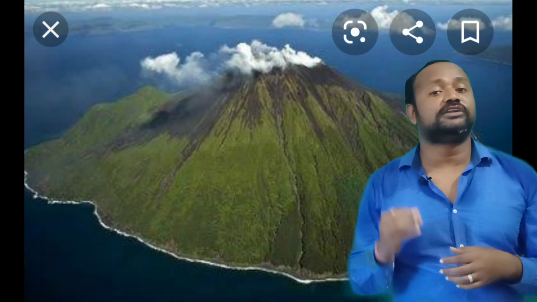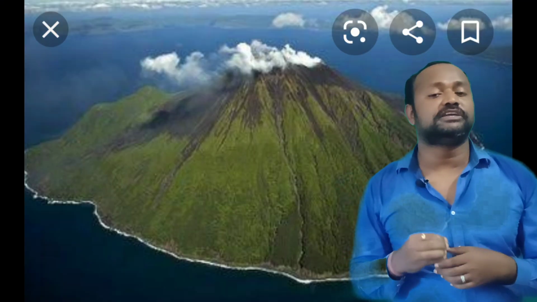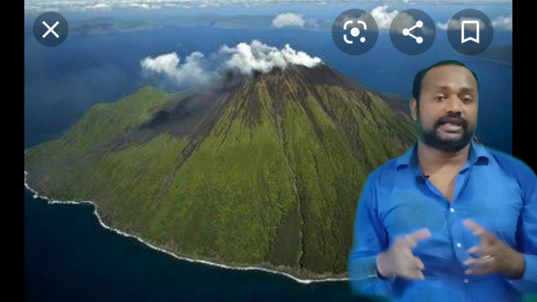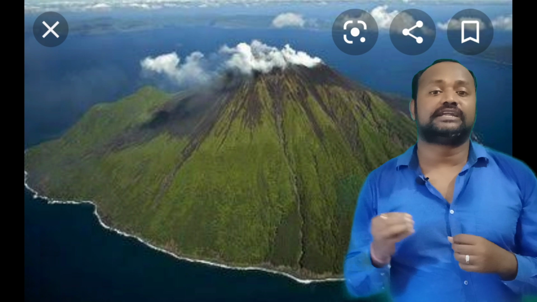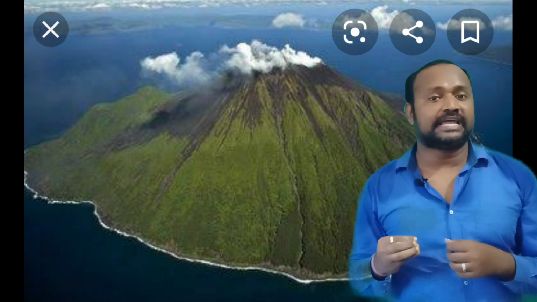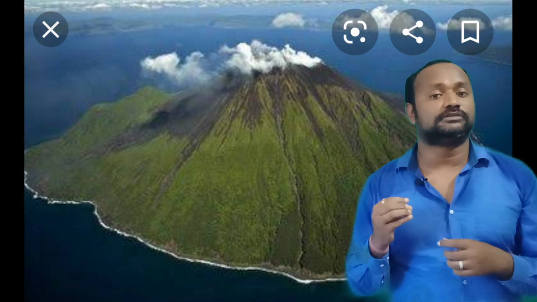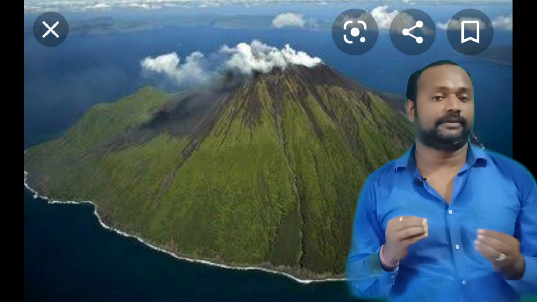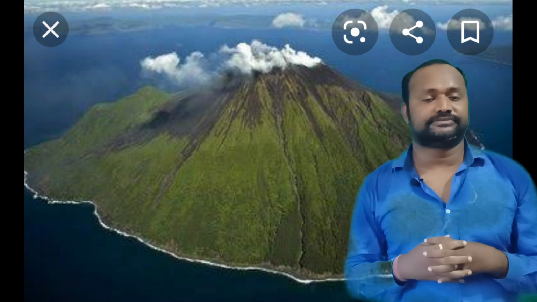India's only active volcano is found on Barren Island, which is located in the Andaman Nicobar Islands.